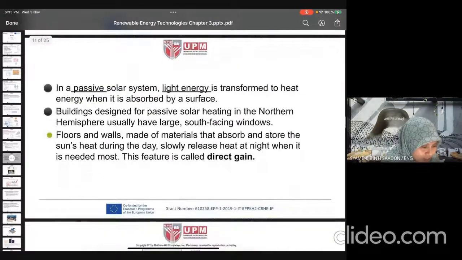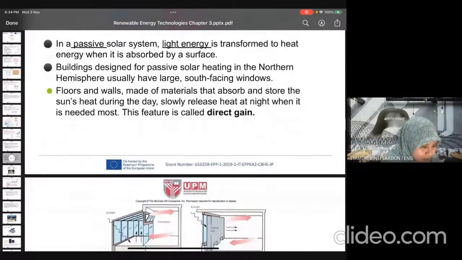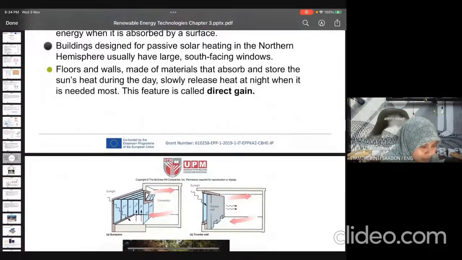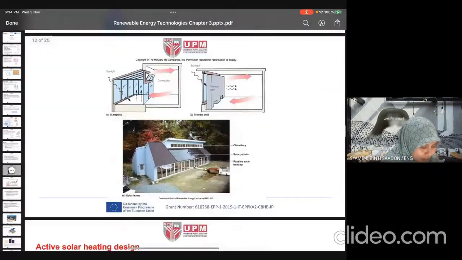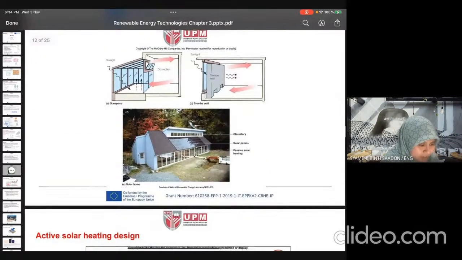Light energy is transformed to heat energy when it's absorbed by a surface. Okay, so we look at this. These are some designs for a house or building. A lot of these designs and technologies are being implemented in Europe basically.